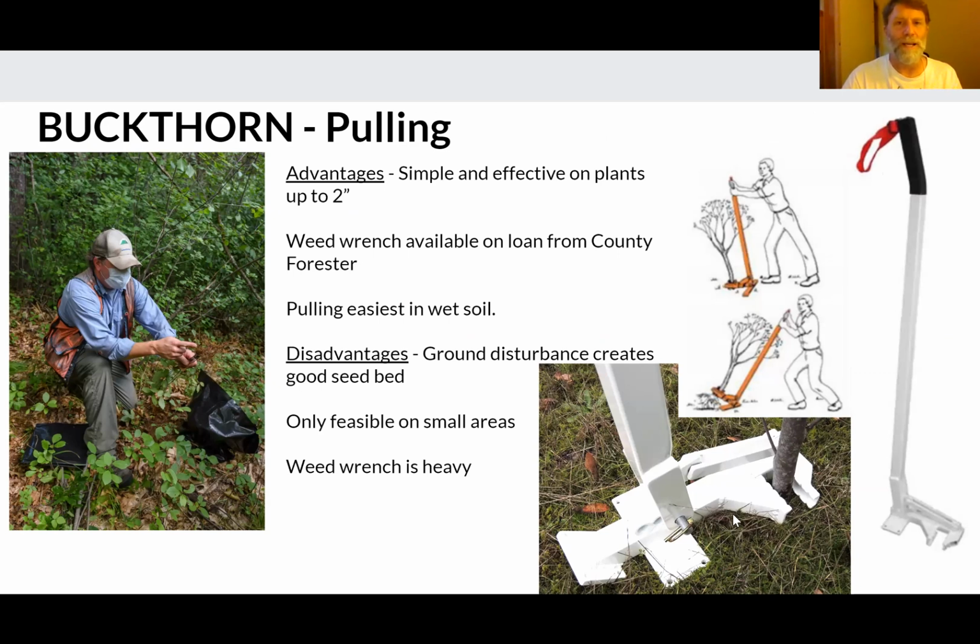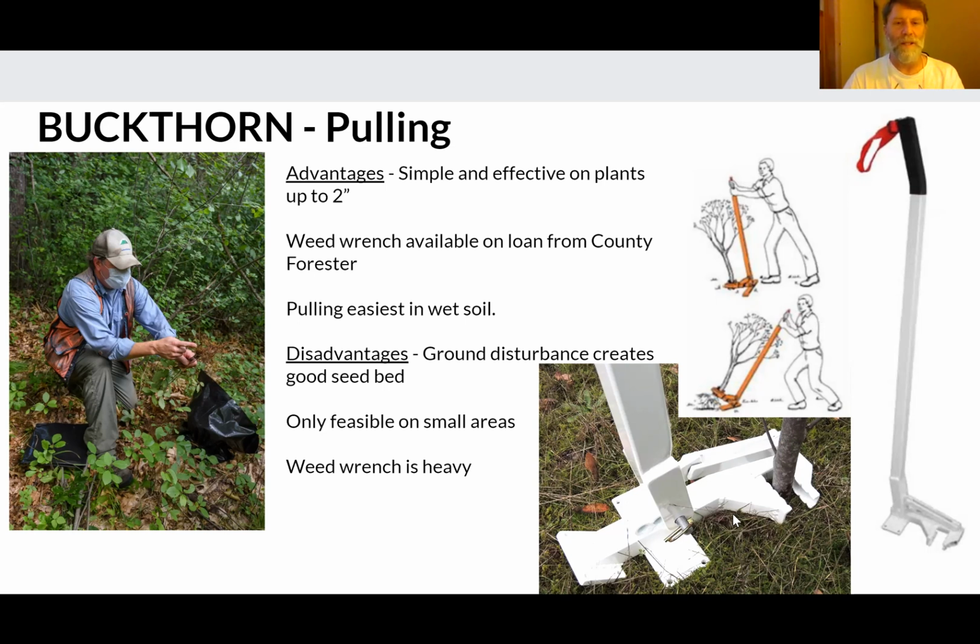So if you have, I don't know what your tolerance is, but if you have an acre of a fairly heavy infestation or a larger area that's really light, maybe only a few plants per acre, and you're just walking around pulling them, that can be fairly effective. Sam there on the left pulling some seedlings that are pretty small.